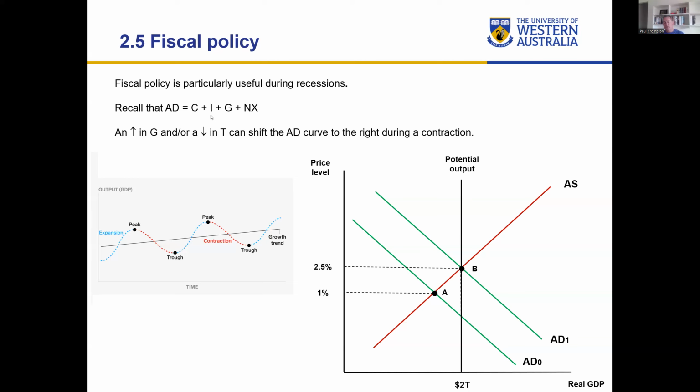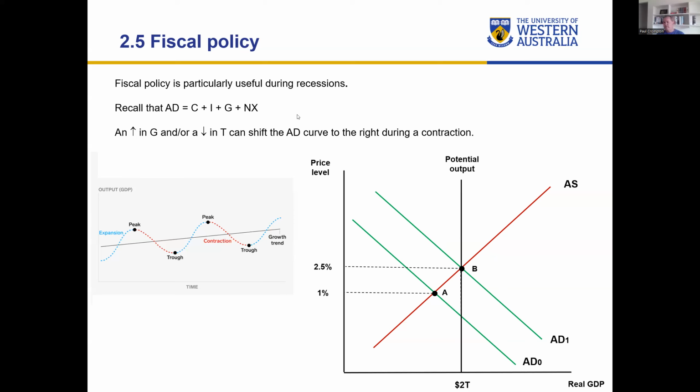Investment spending by the mining companies might increase as well, but if they've got enough capacity to satisfy the boom in exports, they may not need to undertake significant amounts of new investment. So yeah, that's a little bit tricky.